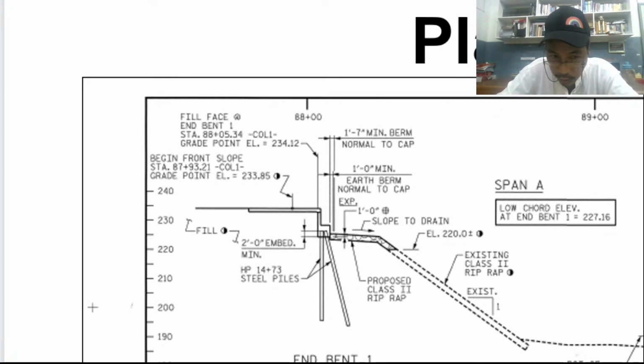Class 1 is 12 to 18. Class 2 is 18 to 26. That is what we meant by class 2 riprap. Imagine that. One stone is about 18 to 26 inches.